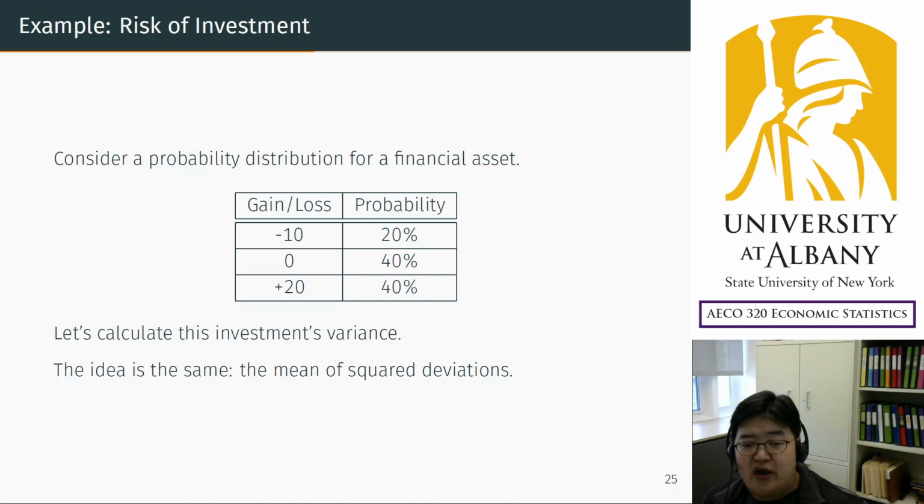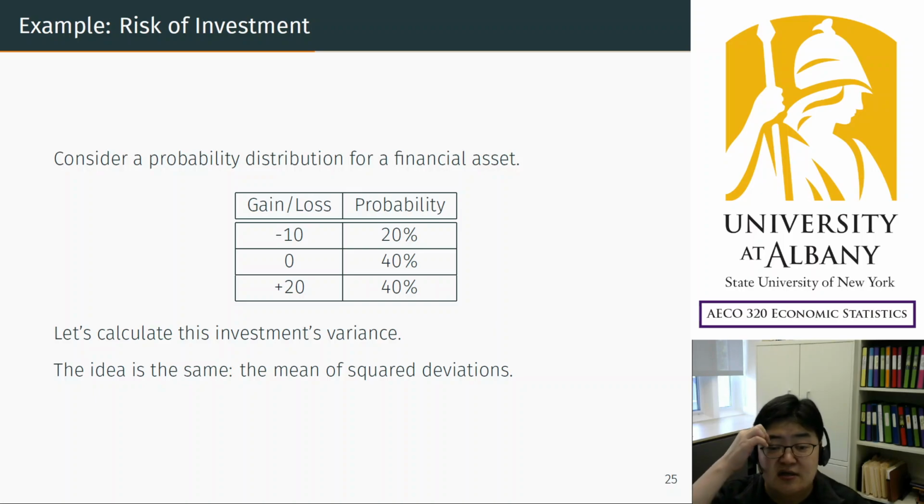And in this case, it's a financial decision. So its measure of variability captures the risk of the investment. So now calculating the variance is the same as calculating the risk. So let's do this.